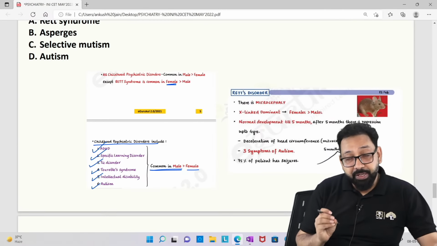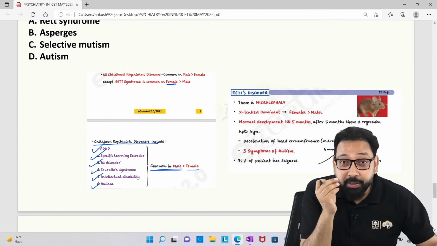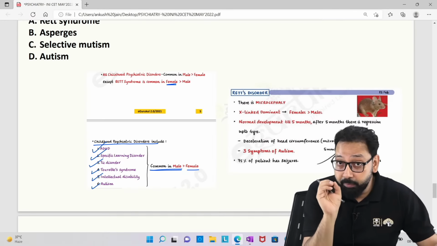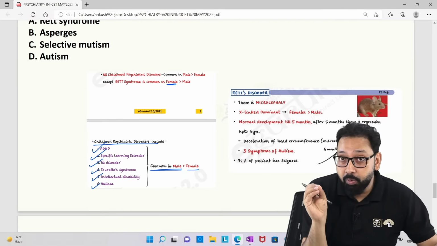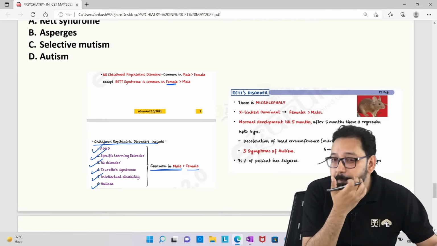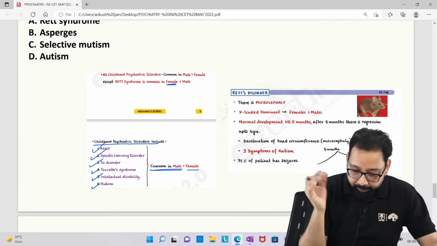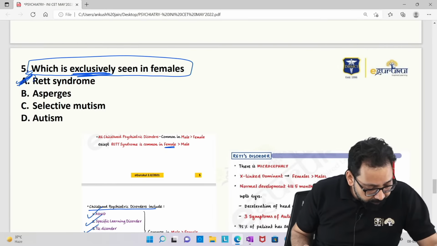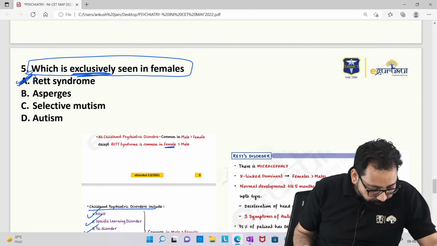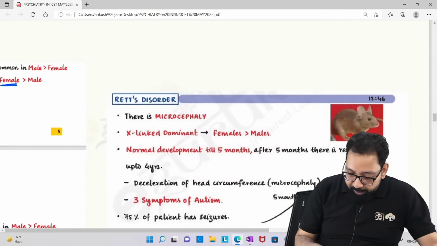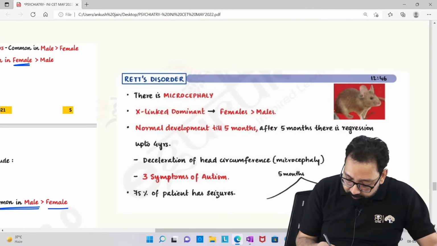Previously we used to say that Rett syndrome is exclusively found in female, but a few cases of Rett syndrome in males have been reported. But even now you can say it is yes. If the same question is asked exclusively, out of these options you will prefer to go with this.